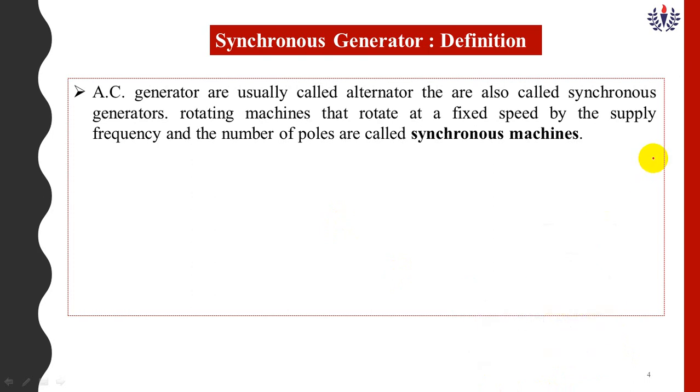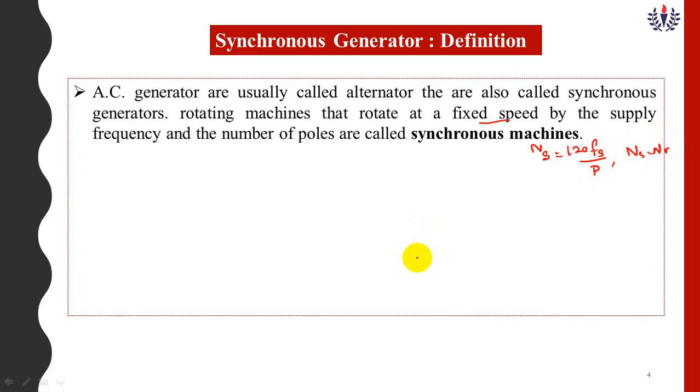This generator will operate only at fixed speed. Fixed speed means Ns equal to 120 fs by P, and Ns is equal to Nr. Fixed speed means it is a constant speed machine.